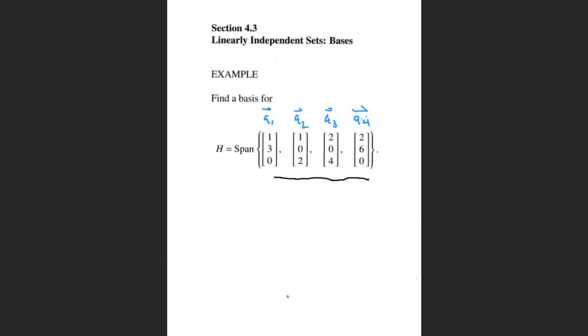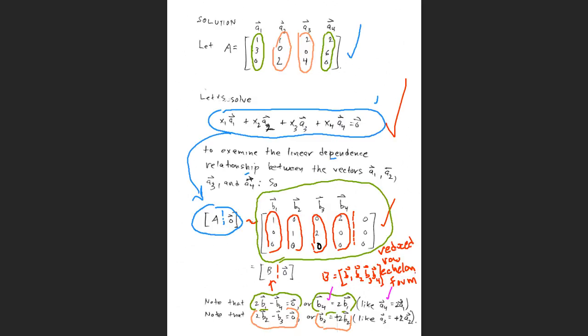We know not all four vectors. That's right, Mikhail. The first two vectors, A1 and A2. That's going to be a basis for space H. Because if you go back here to what we have here, and you can always blow this up, right? Magnify the screen.